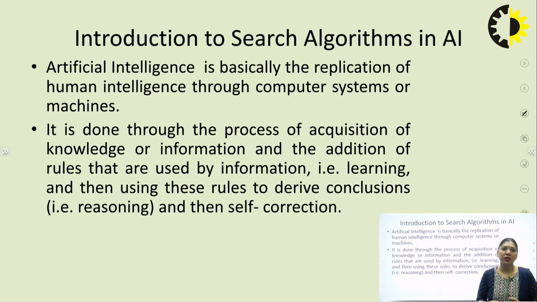So that is what is mentioned here: the addition of rules that are used by the information, that is learning, of course. Then using these rules to derive conclusions, that is reasoning, and self-correction. First of all, the basic is the learning part, that is supervised learning, or it may be unsupervised learning, or reinforcement learning, isn't it? Supervised learning starts with the basic concept, as I already gave in the child example, and through that we are giving the rules also.